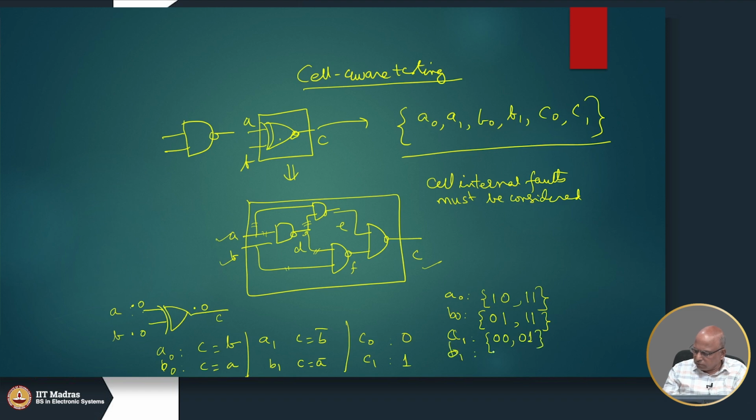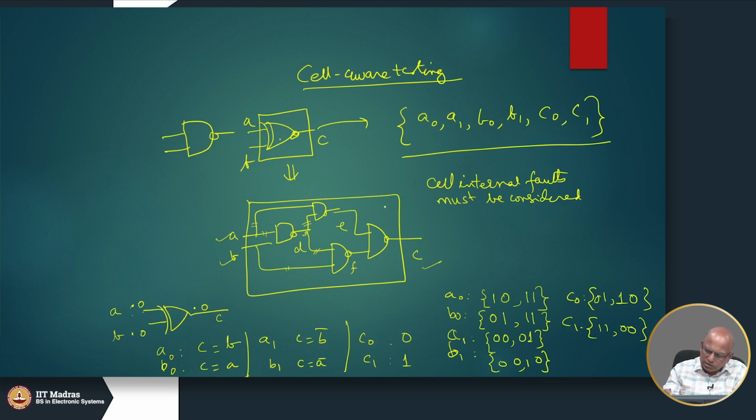Similarly, B stuck at 1: B has to be 0, but A can be either 0 or 1. Finally, C stuck at 0: we can either apply 0 1 or 1 0, and C stuck at 1, we have to apply 1 1 or 0 0. So notice that there is no dominance also. So we have to consider all the faults.